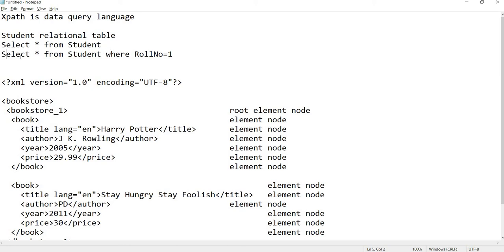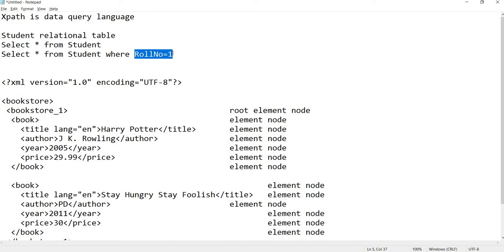Whereas here, select star means I want all the columns from the student table for a record where roll number is 1. This is called a predicate, the where clause, where we write some condition. The records satisfying this condition stay in the collection of records to be returned to us.